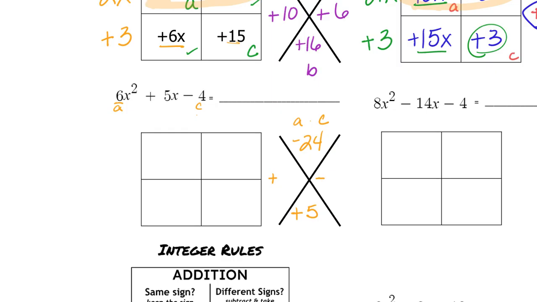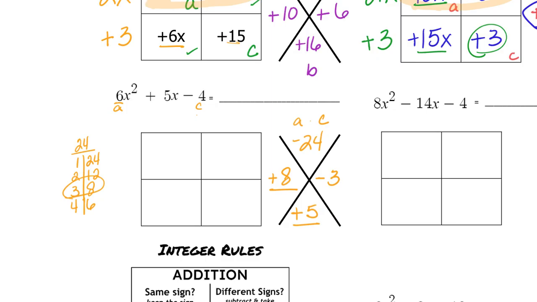The factors of 24 that would give us a difference, so now we're going to look for a difference because I have one positive and one negative. Now, the larger number is going to be positive because the sum is positive.